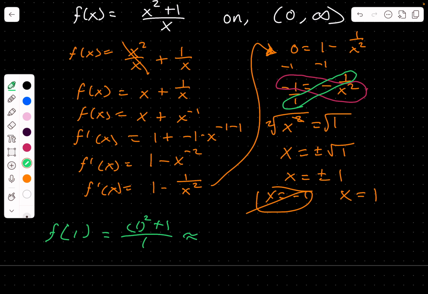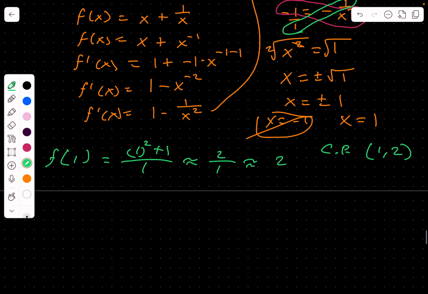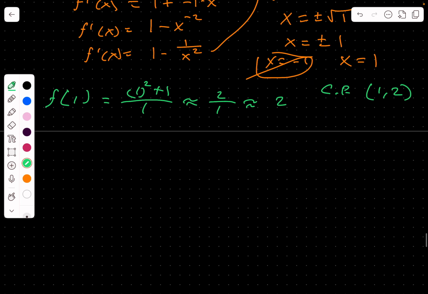And this is just, again, 1 to the second power is 1. 1 plus 1 is 2, and then we have the 1, so we get a 2. Our ordered pair for a critical point is 1, 2. Great. Now let's move on to finding our second derivative so we can figure out if this critical point is a min or a max.